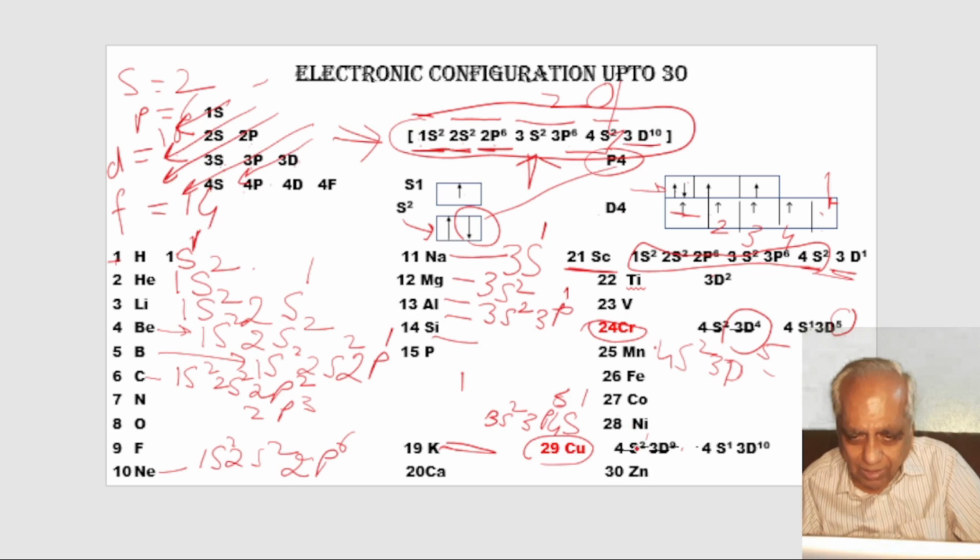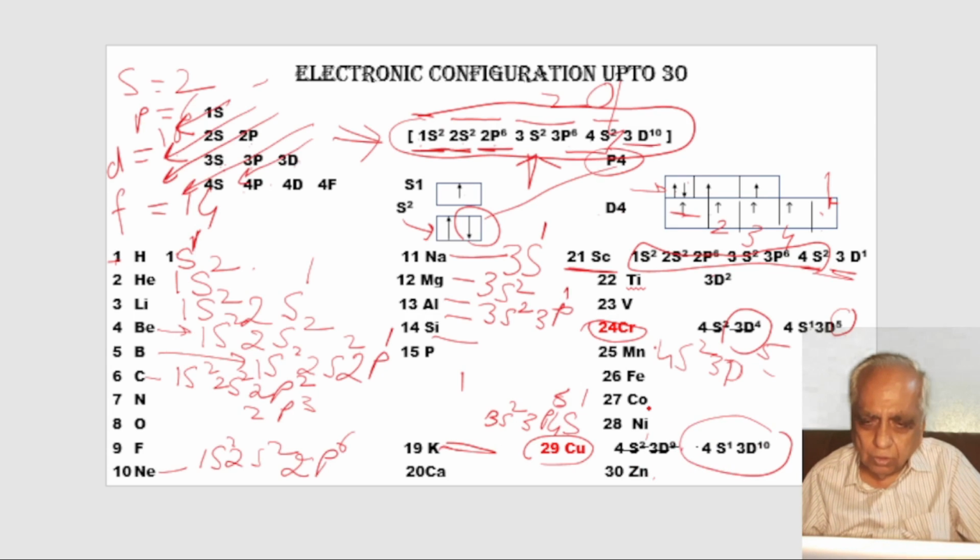But what will happen now? This will become 4s1 and this will become 3d10. So this is also an exception. And here it will become normal. It will become 4s2, 3d10. So this is how you can make the electronic configuration of elements up to 30. So you should be able to write this correctly.